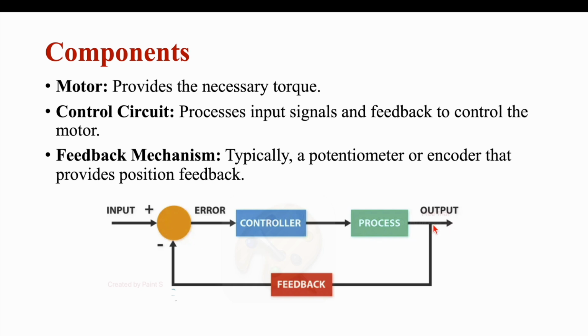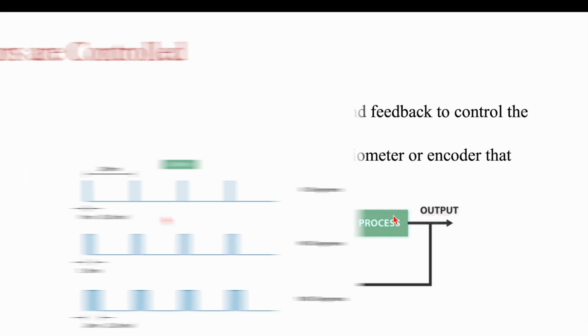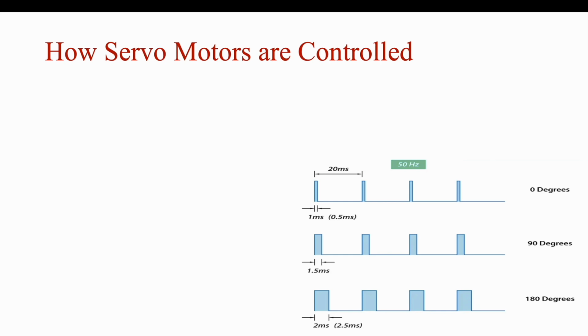If the output is not satisfactory, the signal is fed back, the error is calculated and given to the controller, which sends a signal to the process, and then it gives you the output.